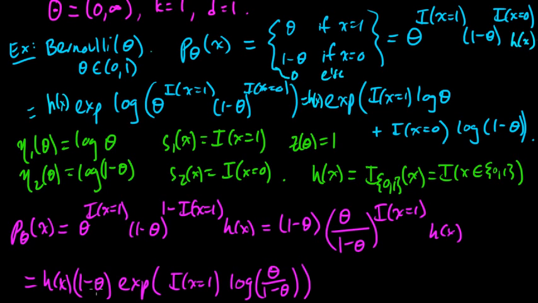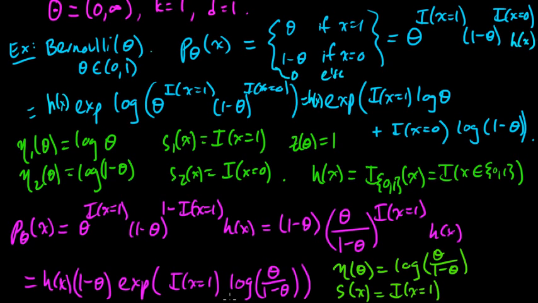And now in this formulation, or at least in this way of writing it, we have eta of theta here is just this thing. It's log theta over 1 minus theta. S of x is this part, the indicator, x equals 1.